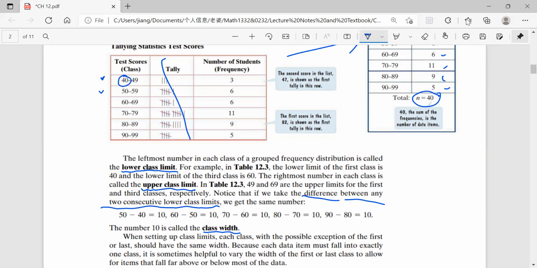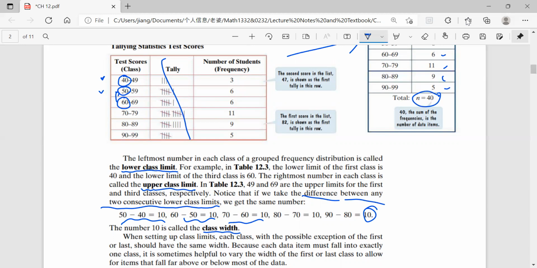So the difference between two consecutive lower class limits means 50 minus 40. And I can also use the second and third: 60 minus 50. I always get 10. So each class width is 10.